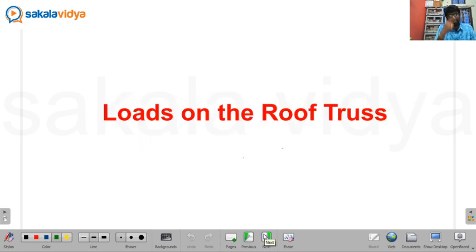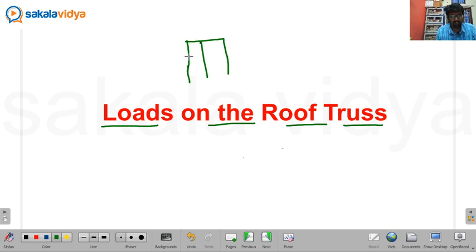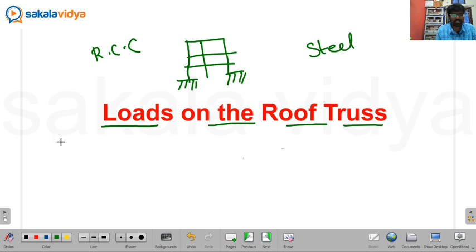So, in today's session, we're going to have a brief discussion on the various types of loads on a roof truss. For example, if I want to design any structure, whether it is an RCC or a steel structure, this topic plays an important role.